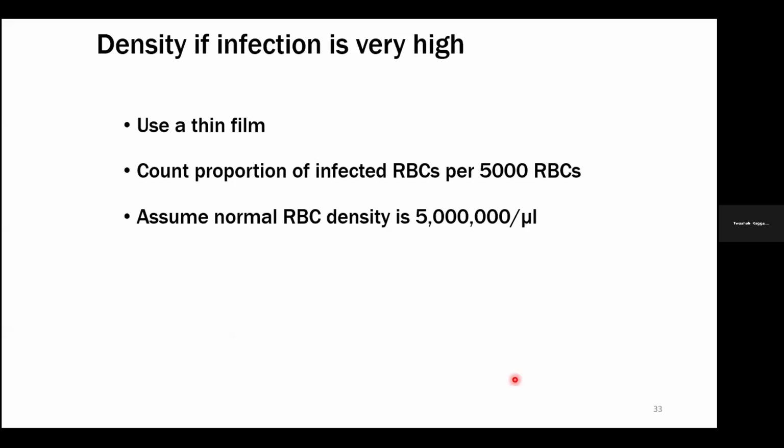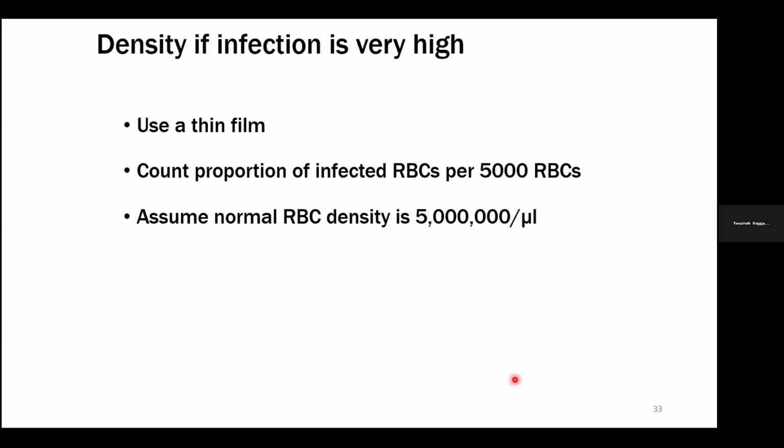Then, if our density is very high, the parasitemia is so high, we are advised to use a thin film to calculate parasite density. When you are using a thin film to calculate parasite density, you count the proportion of infected red blood cells, because in a thin film, the cells are not hemolyzed.